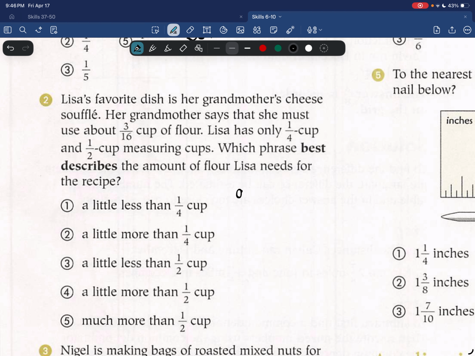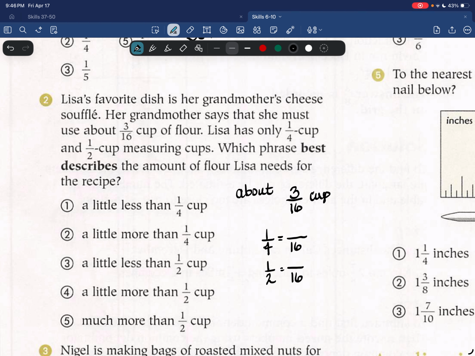So Grandma says that you need to use about 3/16 of a cup. So we can't go below 3/16. We would want to know what the nearest measurement is above 3/16. So I'm going to look at the 1/4 and the 1/2, and I'm going to raise those both up to 16ths.